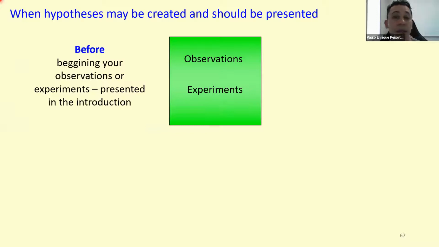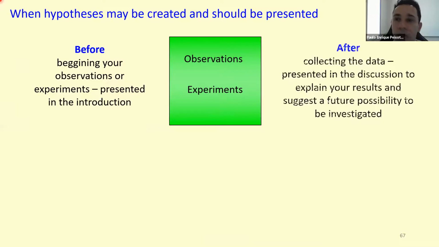But after collecting the data, they created a new hypothesis, okay? So if you do this, if you think about a hypothesis after seeing your results, you should present it in the discussion of your manuscript, okay? Because by doing this, the reader will know that you thought about this hypothesis after seeing your result, okay?